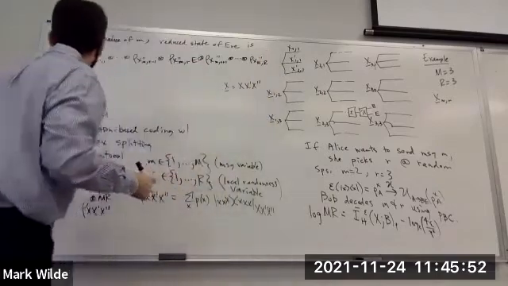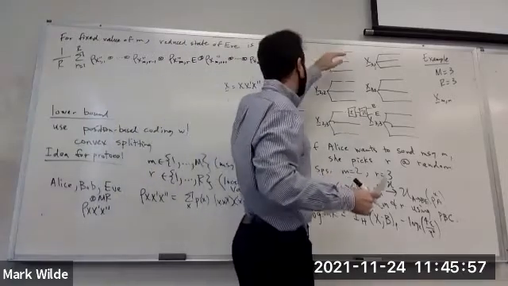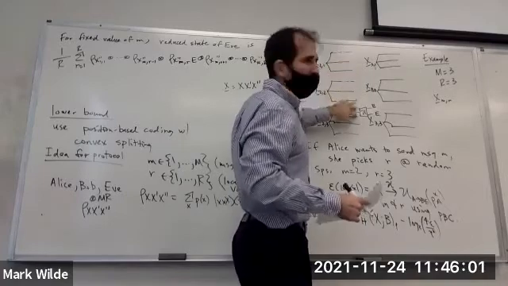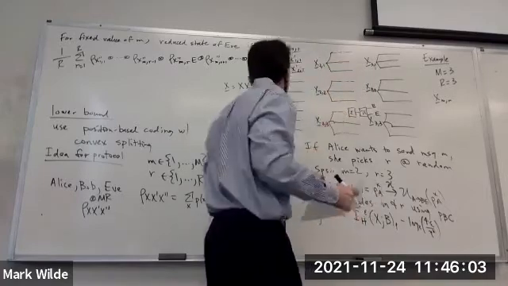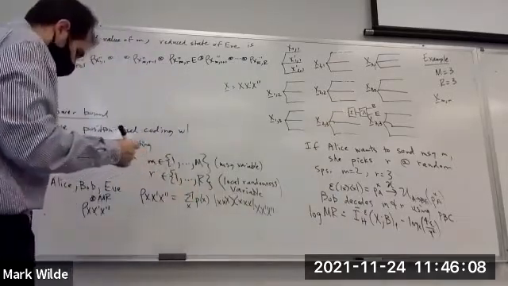Okay. So the sum corresponds to the averaging over, was it this one that was sent through, this one that was sent through, or this one that was sent through. Okay, that's the state.